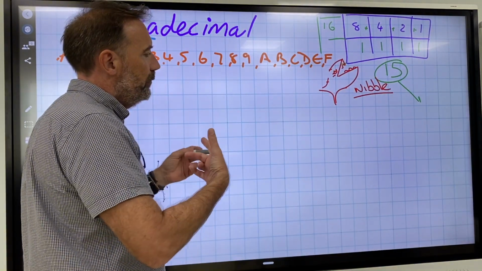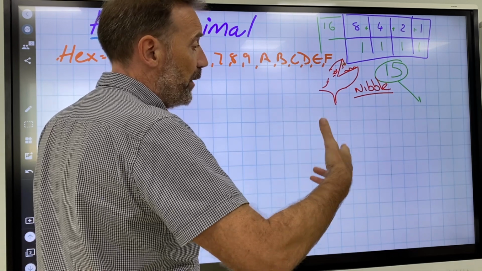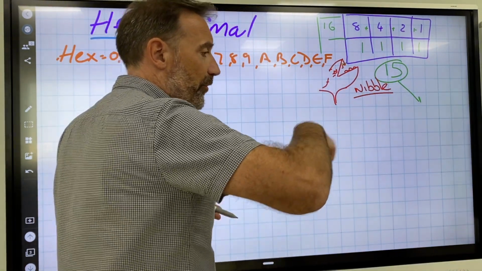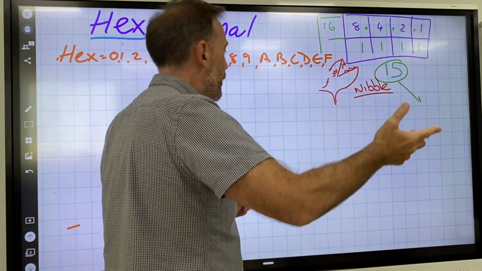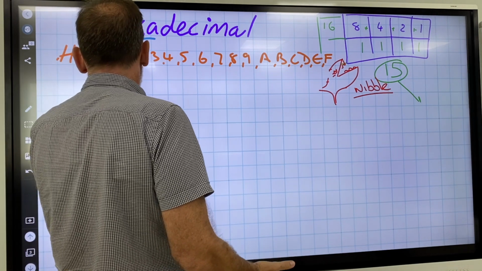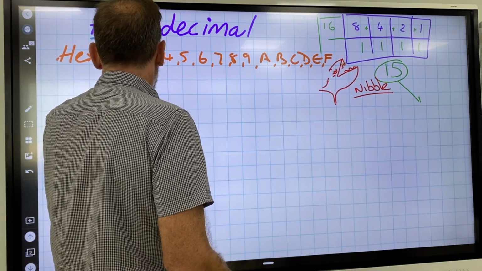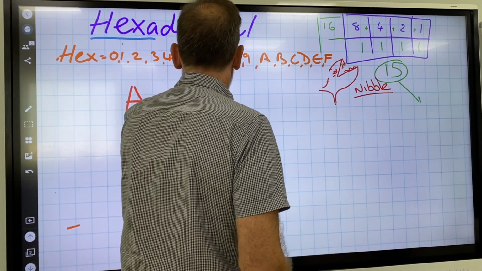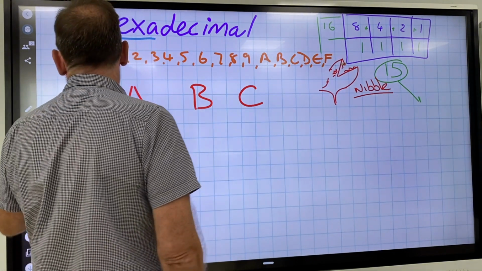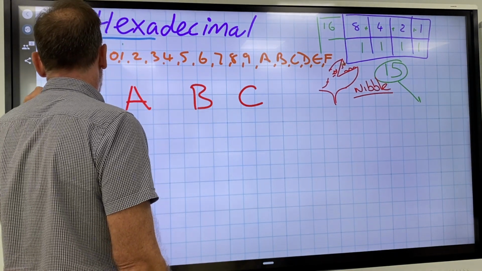I'm going to take a hexadecimal number first and turn it into denary, like we've just done. This is a recap. Then I'm going to take a denary number and turn that into hexadecimal. So let's go with the number ABC. ABC is going to be base 16.